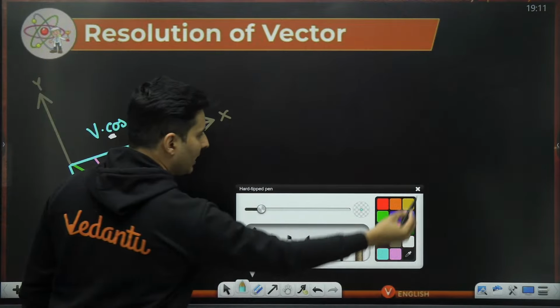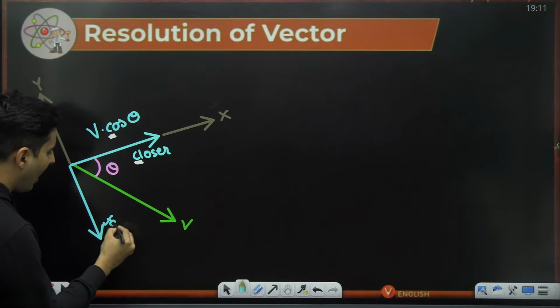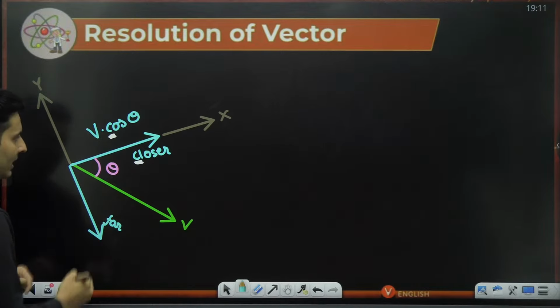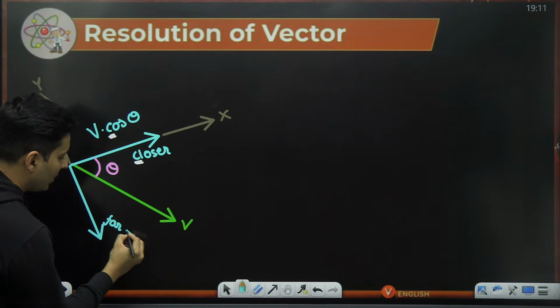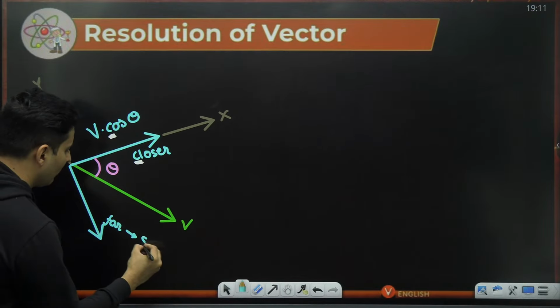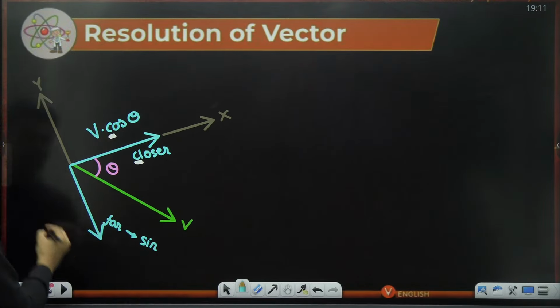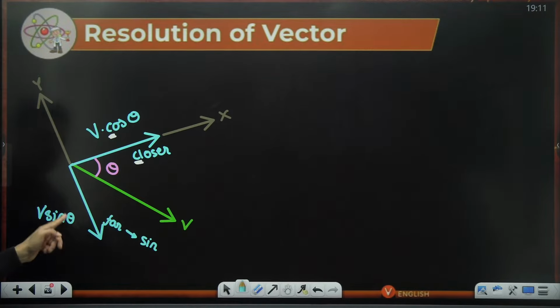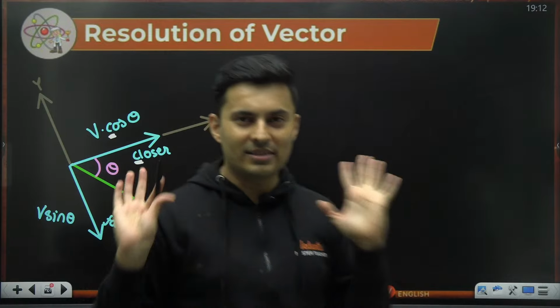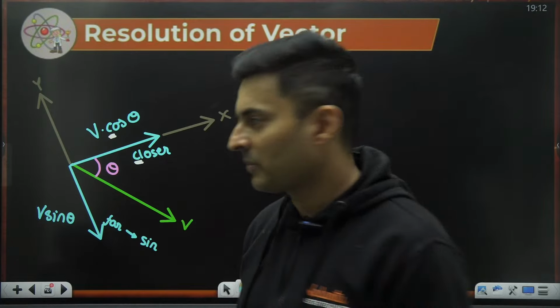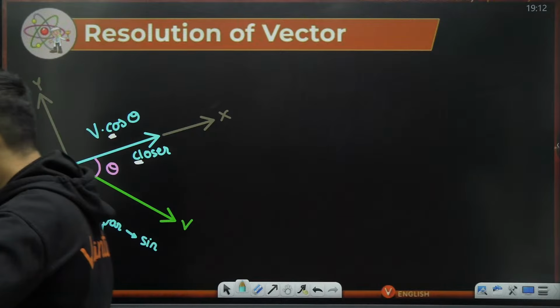If you see this other component, this is far from theta. So the moment you are going far, that means you have committed a sin. Therefore, it will be V sine theta. So the moment you are far, it is a sin. The moment you are close, it is a cos. Very easy to remember. Got it, everyone?